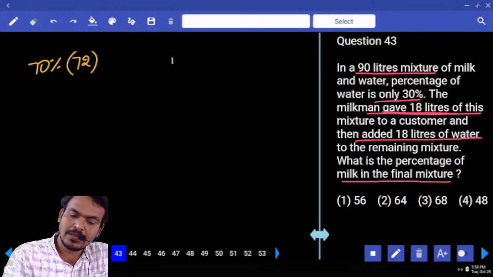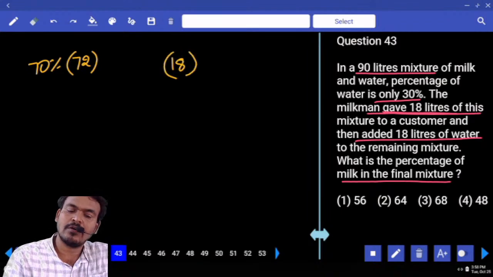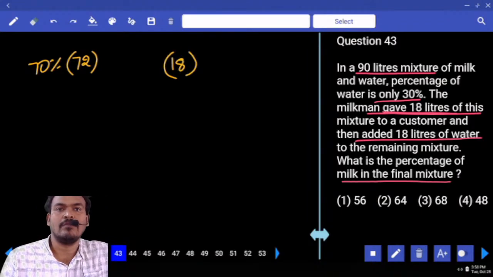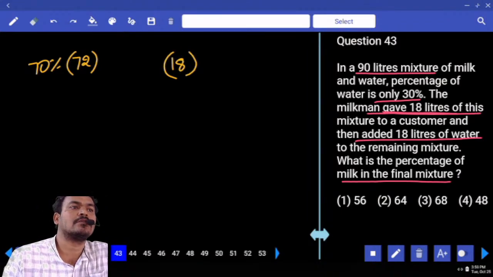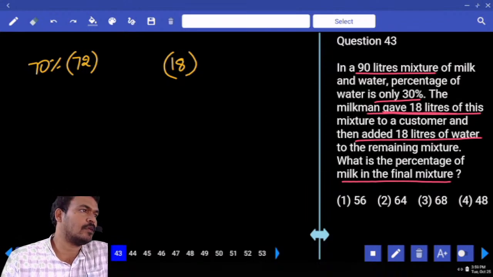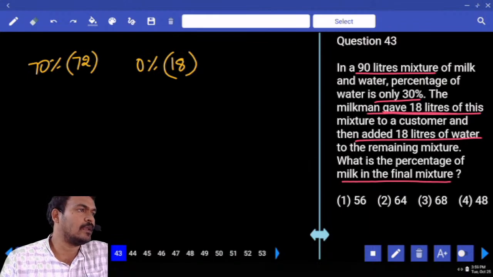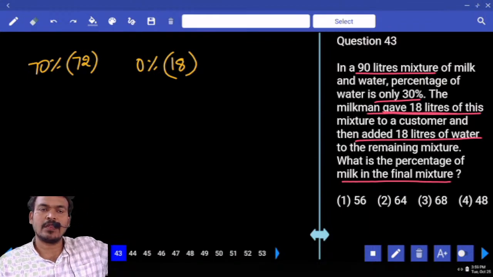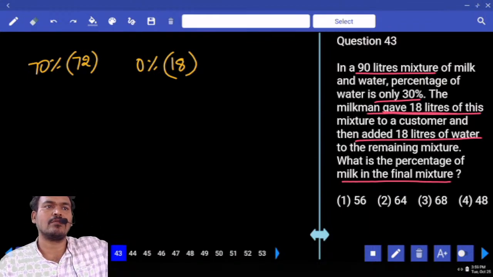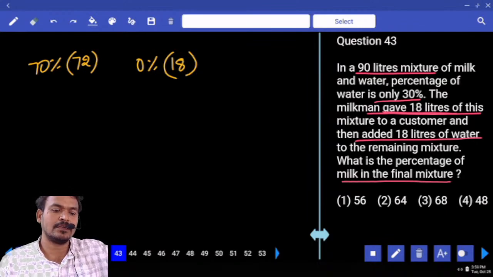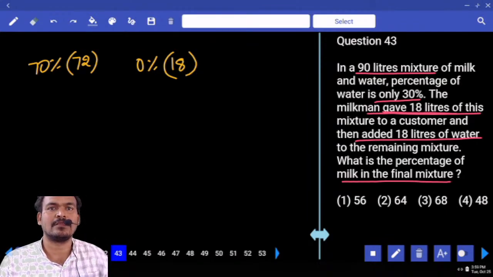Water. In that 18 liters of water, only water or only milk? Only water. Only water means milk is 0% or not? Then 0% of how many liters? 18 liters.